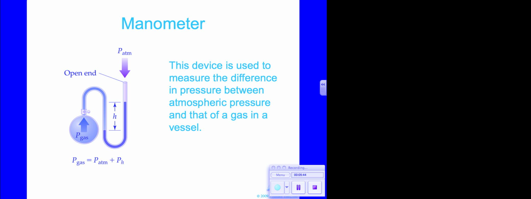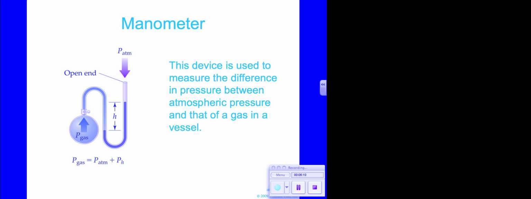We know the pressure pushing down from the atmosphere because you can use a barometer to figure that out. The difference in height between where the atmospheric pressure is pushing and where the gas in the chamber is pushing is used to determine the pressure of the unknown gas, which works out quite well.